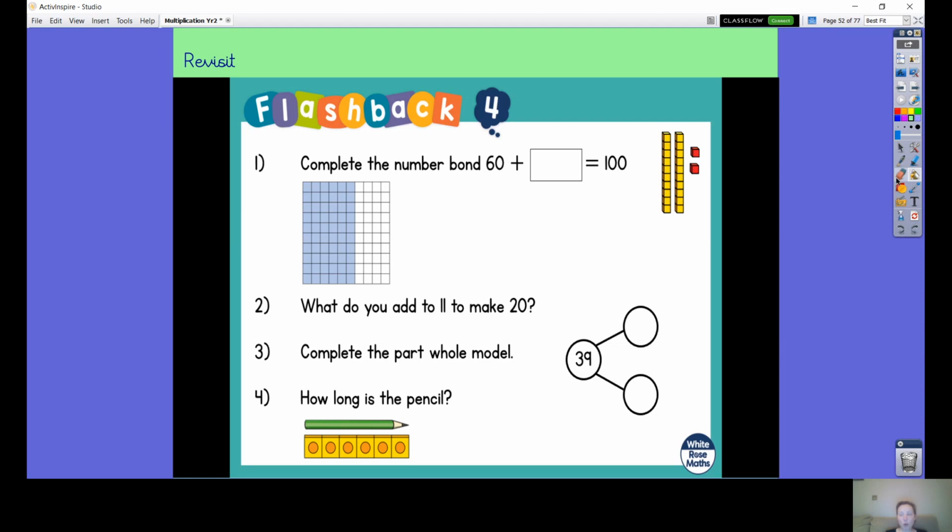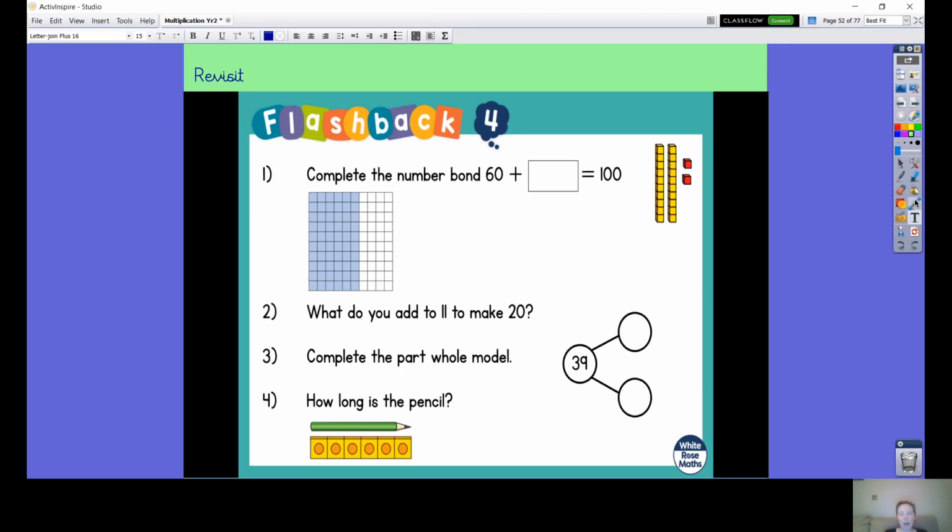Brilliant. Now you've had a go at your questions for this morning, let's have a think about the answers to them. So it says complete the number bond 60 add equals 100. So look at this 100 square to help you. We've got 60 coloured in, and these are rows or columns, I should say, of 10. So we've got 6 columns of 10 coloured in, and we've got 4 white ones. 4 groups of 10 is 40.